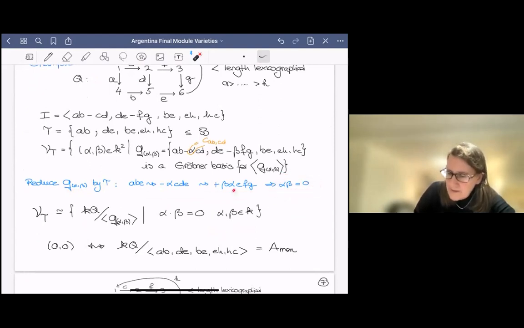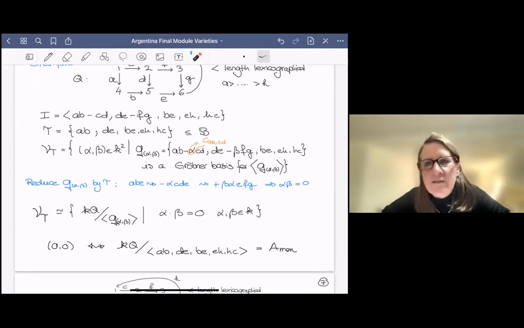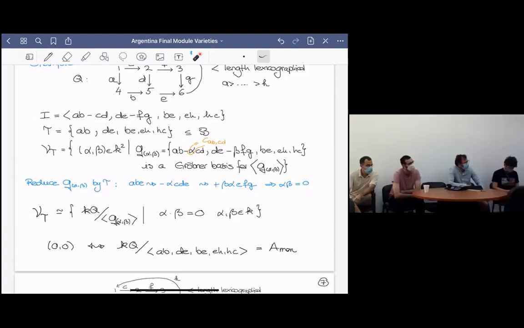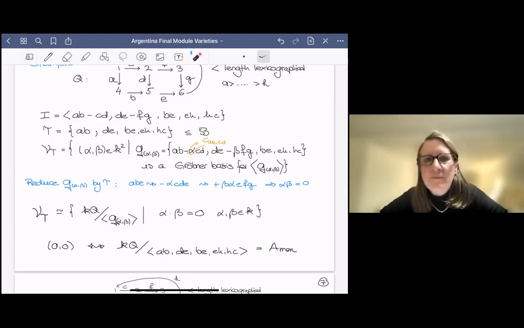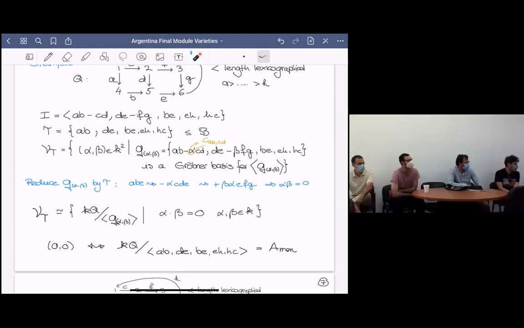So if you cannot reduce any further, which is the case here, then that implies that the coefficients must be 0, and that gives you a bunch of equations, and the zeros of the equations are then an affine algebraic variety. So all the ideals in the variety are reduced in the same way? Yes. And so there is a generic resolution of all the overlaps.